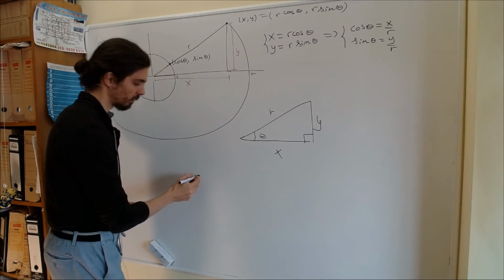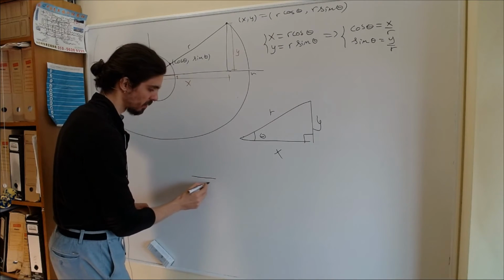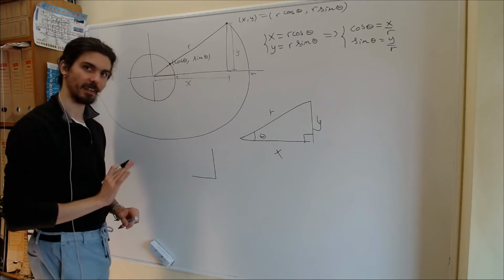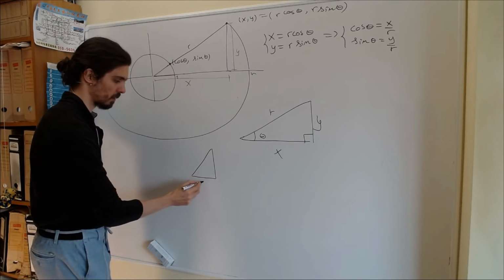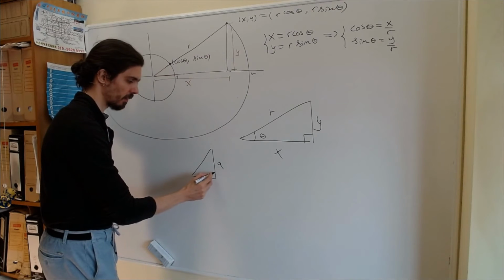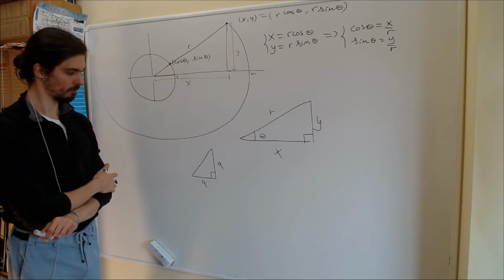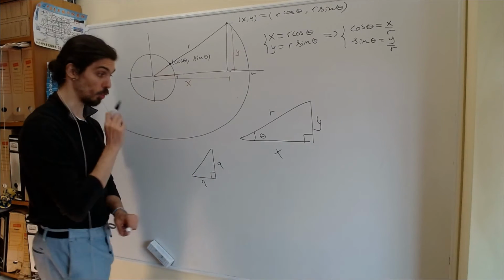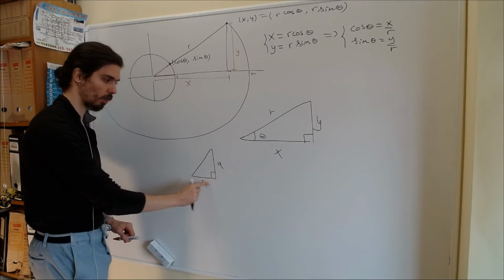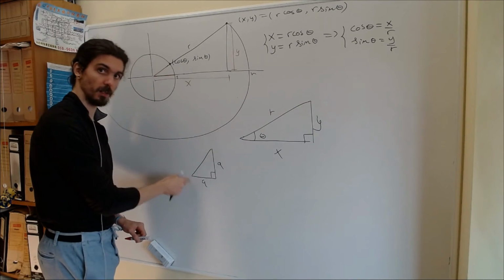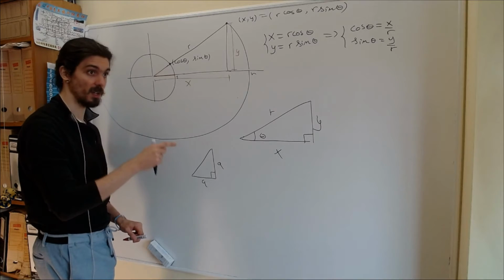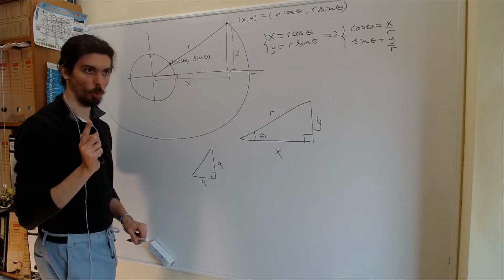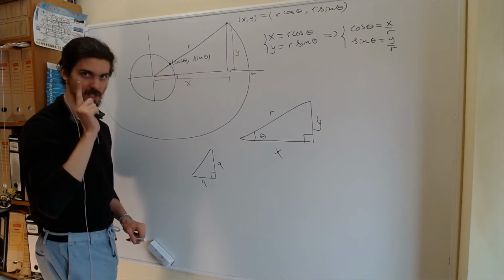Okay? Now, let's give an example. Imagine a triangle whose base and height are exactly the same. So this is a, this is a, this is 90 degrees. You know that the sum of the internal angles must be 180 degrees or pi radians.